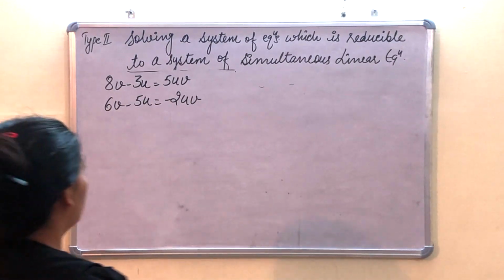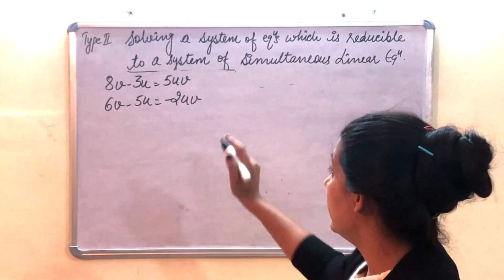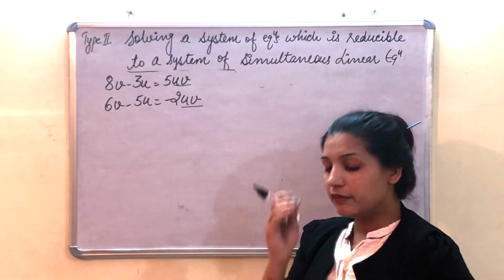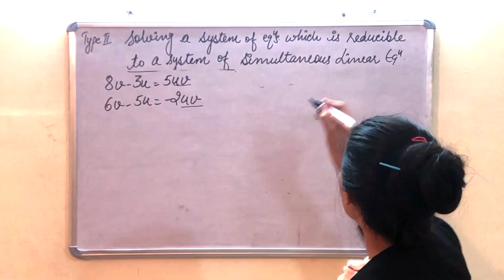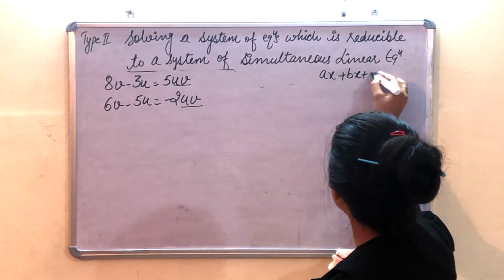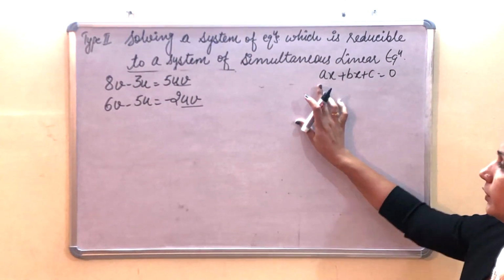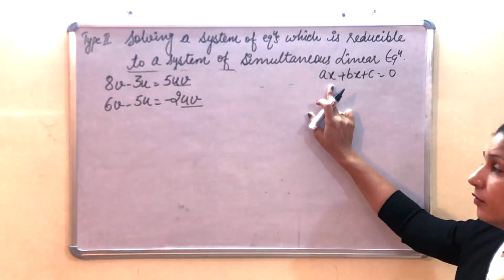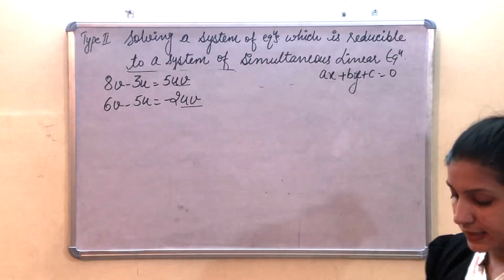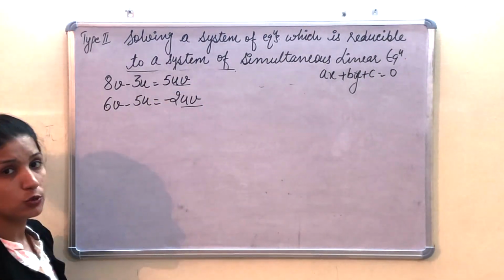In this, the equation is in two variables, but here the extra thing is uv. In our linear equation, the general form is ax plus by plus c is equal to 0, with the coefficient a for the x variable, the coefficient b for the y variable, and the constant term c. But here the uv, both the variables come together.